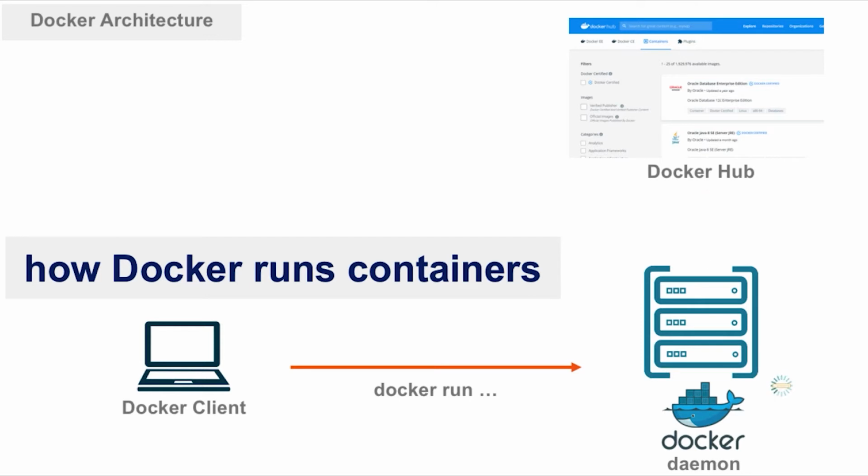Once that image is there, it is the only time that it will run a new container based off of that image. That container is kind of like a runtime copy of the image. Now, once that image is locally available, you can run as many containers as you want from that image.